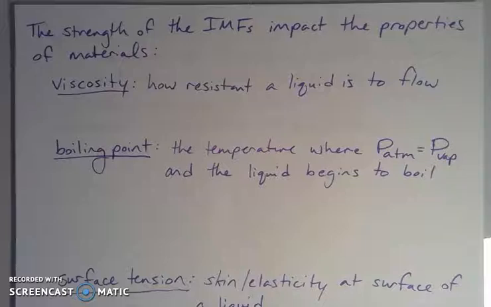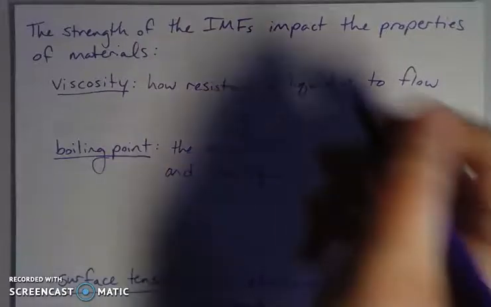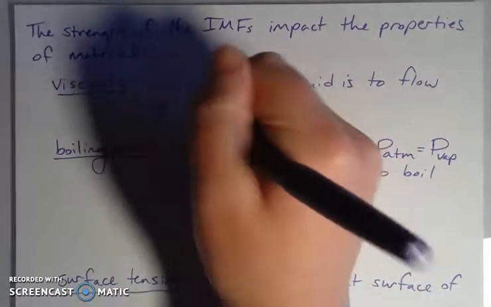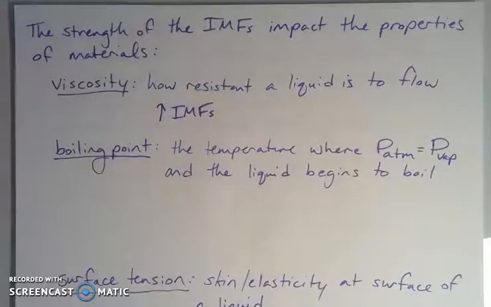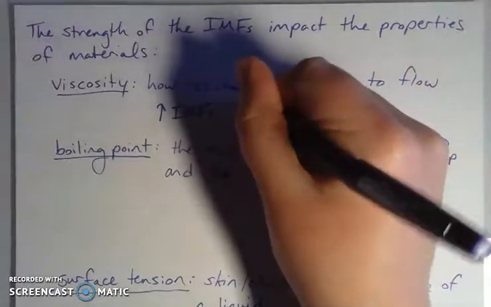And viscosity and thickness are kind of different because we usually think of thickness and density as being the same thing, how tightly packed the particles are. But viscosity is really how much is this thing flowing or not flowing. And so that resistance to flow is viscosity, and the better it sticks to each other, so the stronger the intermolecular forces in the liquid, then the more viscous it's going to be.